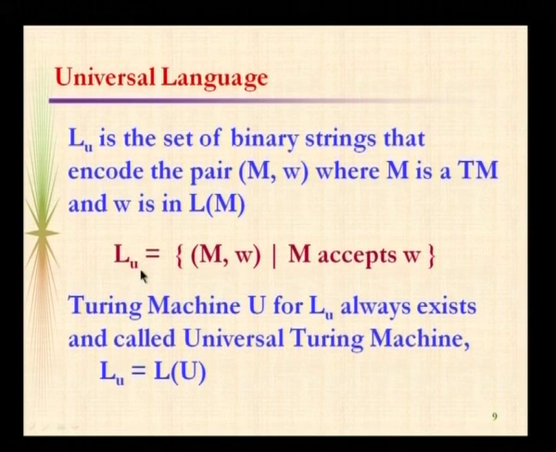And we have to show that the Turing machine for LU always exists, and we call that Turing machine the universal Turing machine.